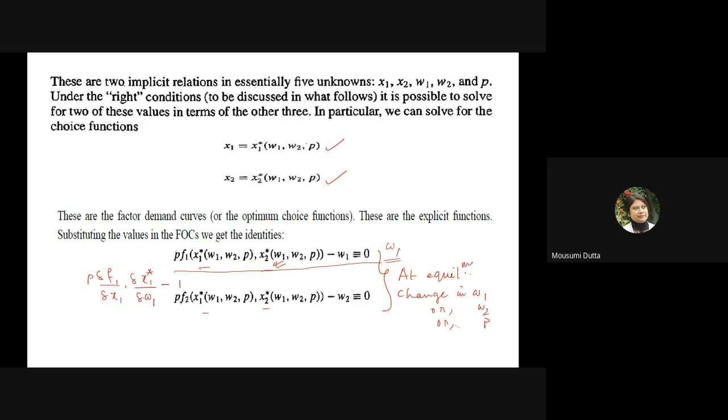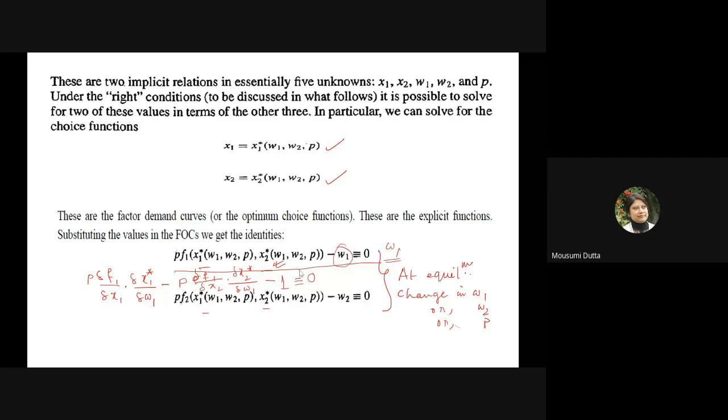So P del F1 by del X2 into del X2 star by del W1, because both X1 star and X2 star are functions of W1. So we have to first take the derivative with respect to X1 star and then also with respect to X2 star, minus 1. This W1 is there, so minus 1 equal to 0.